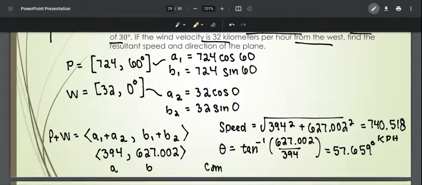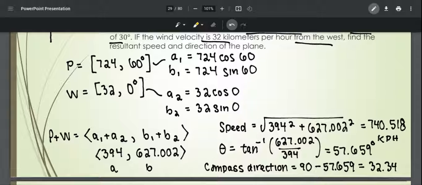But remember, that's your unit circle angle, so we have to get your compass direction, which is going to be 90 minus that angle that you got, the 57.659. So 32.341. So that would be your direction, and that would be your speed of that plane and that wind acting against each other.